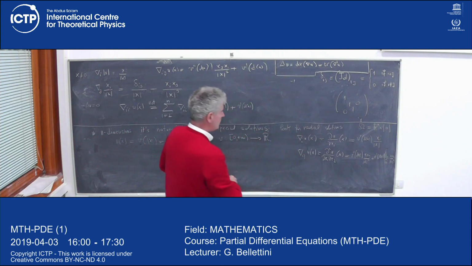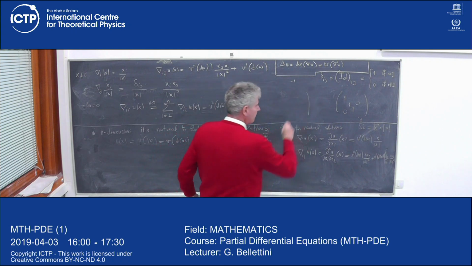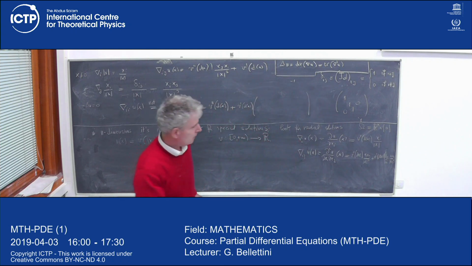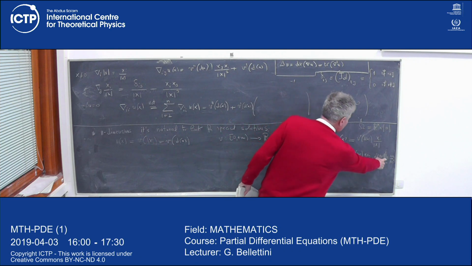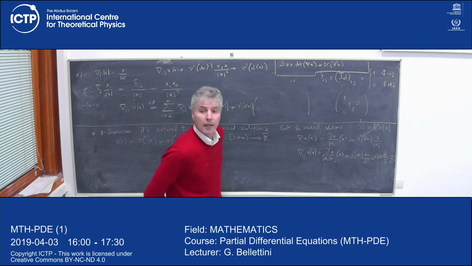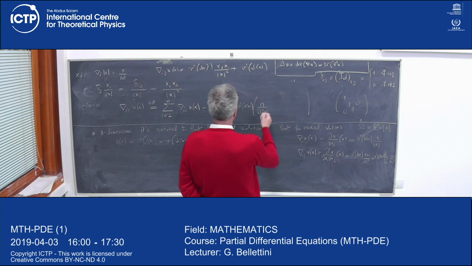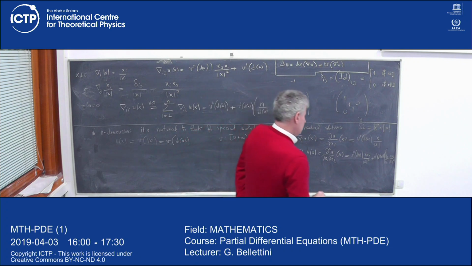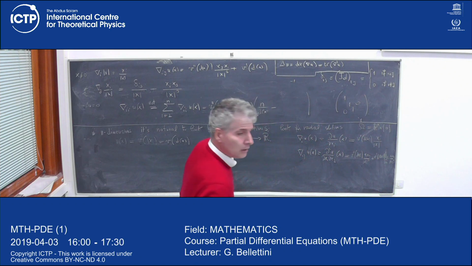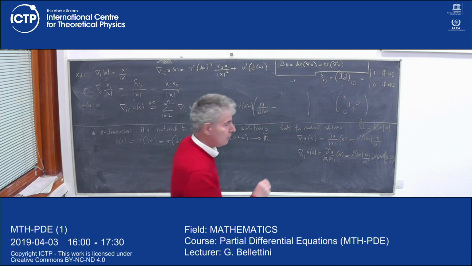Here what do I have to put? n, because the trace of the identity is n in n dimensions. Do you agree? So n divided by |x|, and then I have minus 1 over norm x.